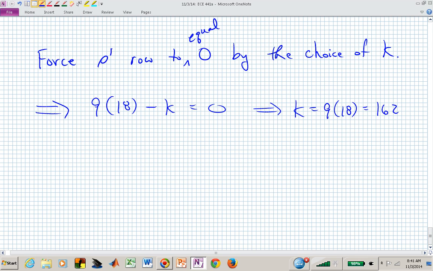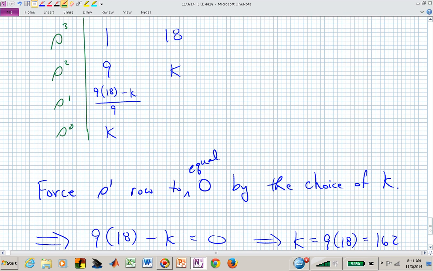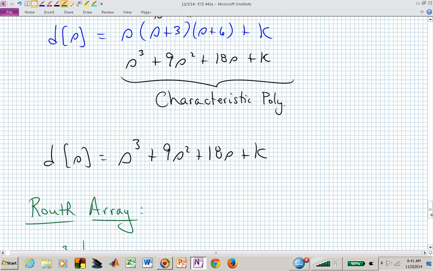So now let's find the imaginary axis crossing. We found the K. How do we use that to find our values of s? That's the whole thing we were trying to do. So now we can plug that k into our characteristic polynomial if we wanted to.